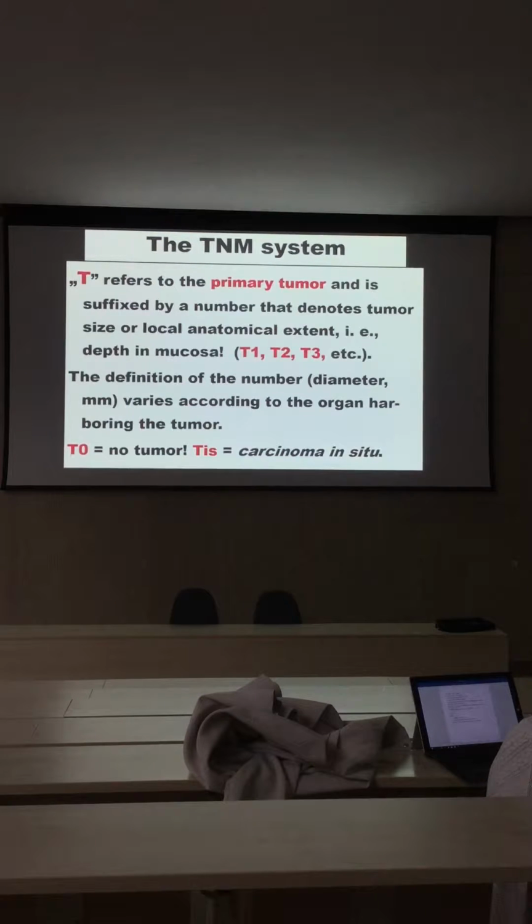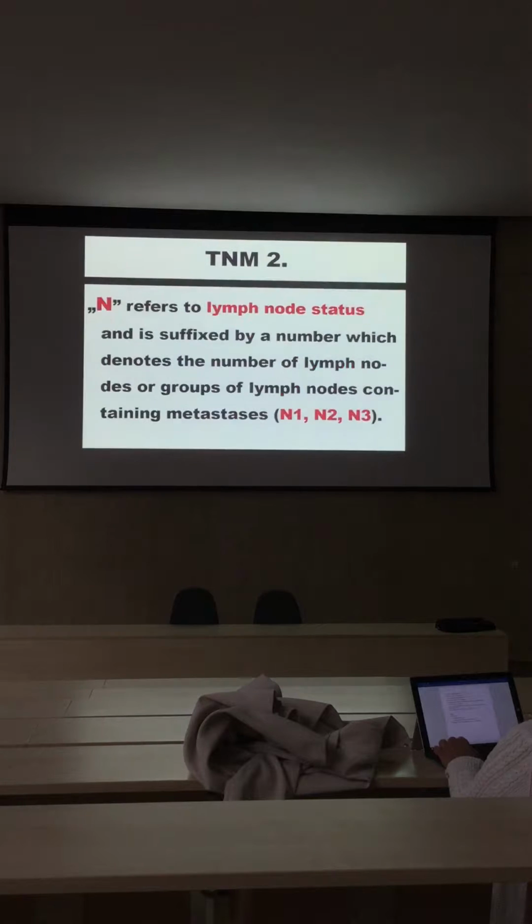But contradictions like that exist in this whole system. So Tis refers to a stage where stage is meaningless. Nevertheless, we still have Tis within the staging T category. And N, as I said, refers to the lymph node status, number of lymph nodes, but it's not that simple.